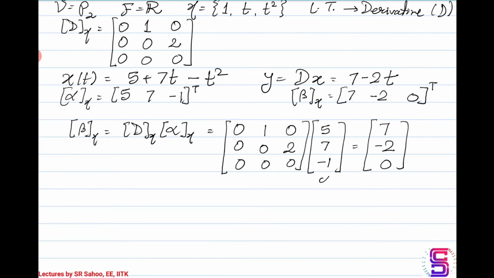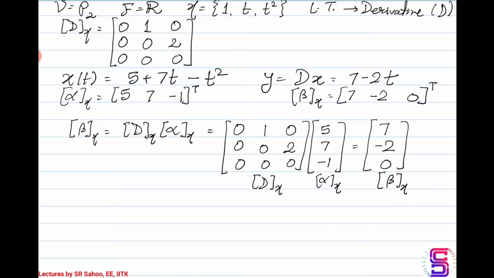So this is the coordinates of the vector x. This is the matrix representation of the operator with respect to the basis x. And this is the coordinate that you get from the relationship with respect to the basis x for the vector y. And if you compare it with the operation that we had done, it is exactly the same.